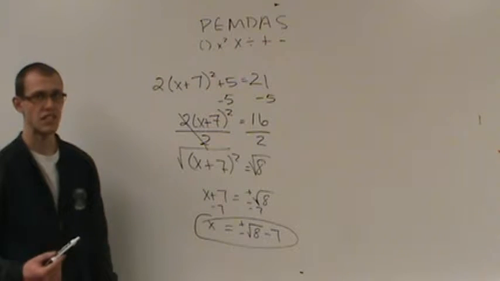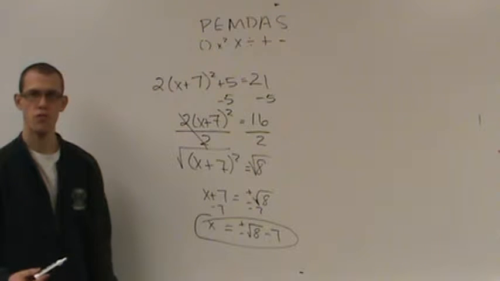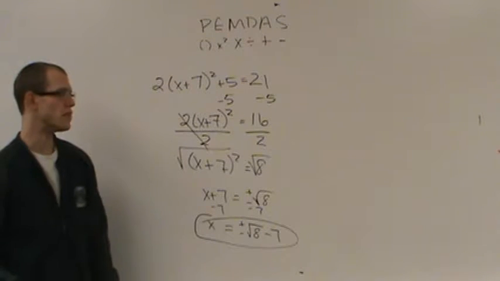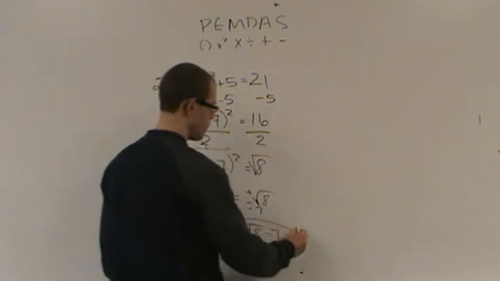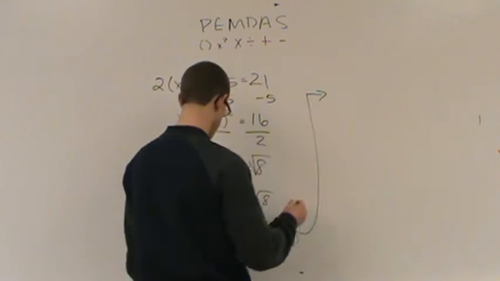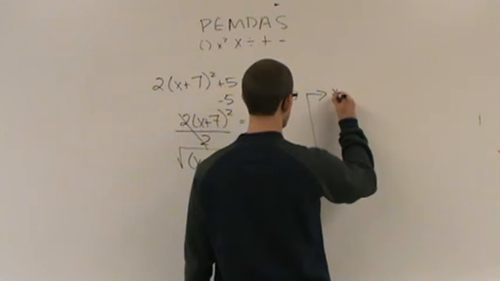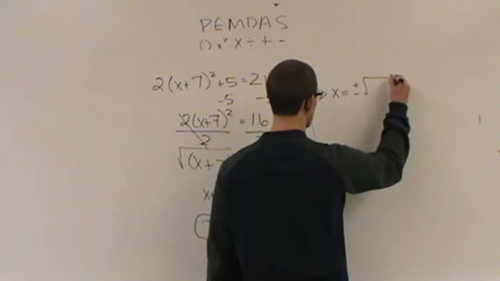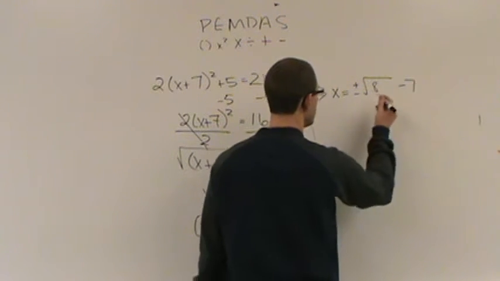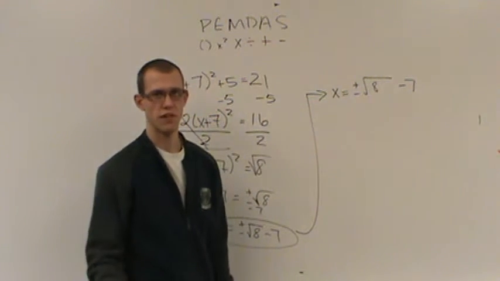But there is one thing we can still do. The square root of 8, we can actually simplify that a little bit. So what I'm going to do, I'm going to draw an arrow up here, and we're going to simplify this answer. So recall it was x equals plus or minus the square root of 8 minus 7. So what does the square root of 8 simplify to?